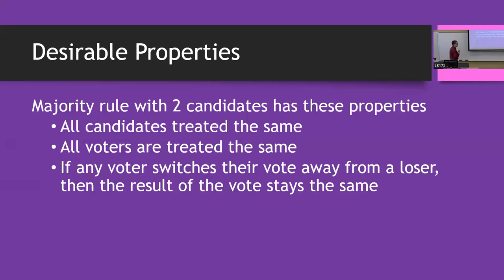So, yes, I didn't get it the way I wanted, but if I would switch my vote, the result would have stayed the same. Okay? And that's a big advantage compared to what we're going to see in the future.